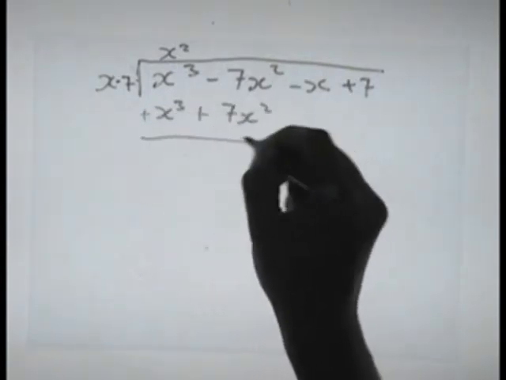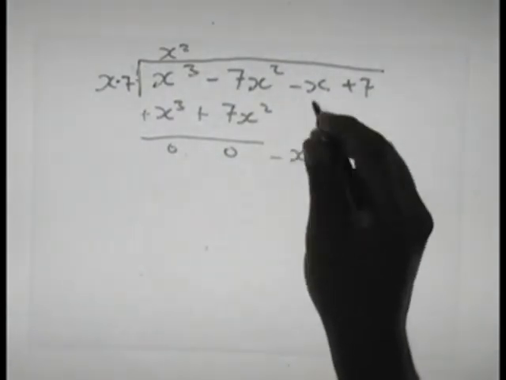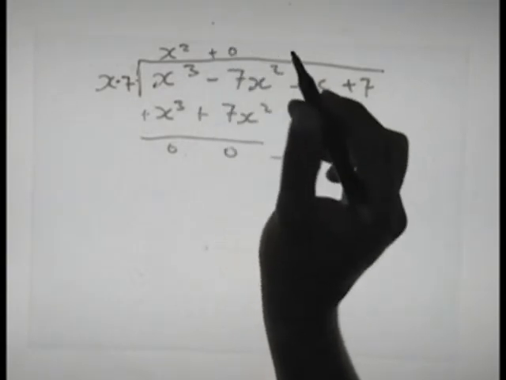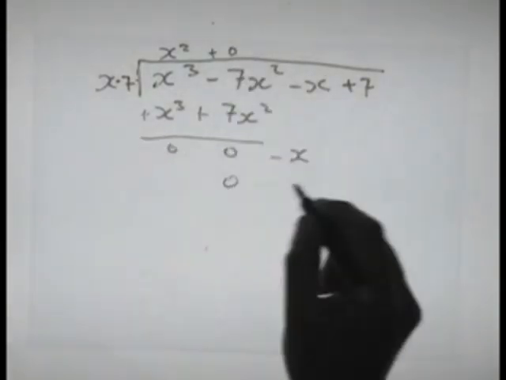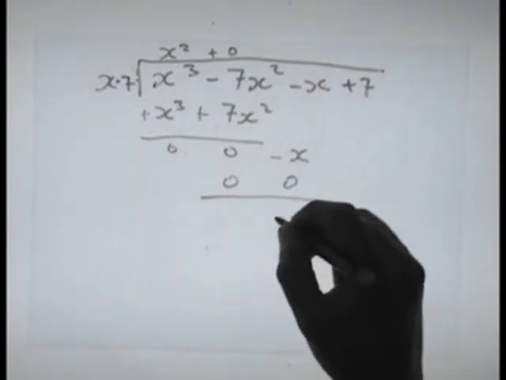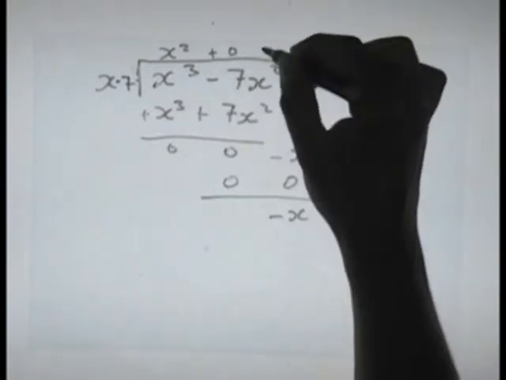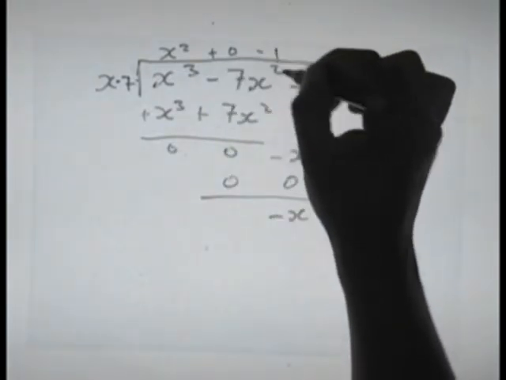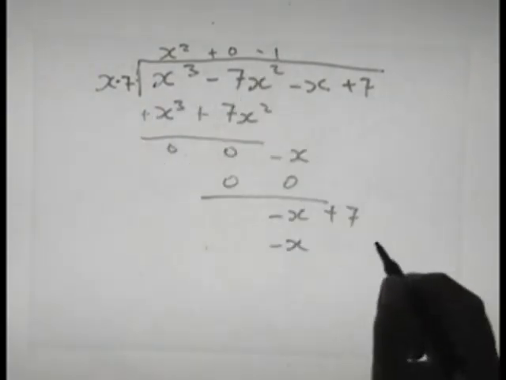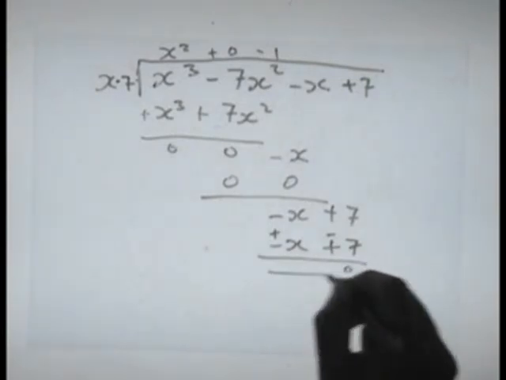Change the signs, that works out to 0, that works out to 0, doesn't matter, bring the negative x down. 0 divided by x is 0, don't need to change any signs. Negative x, bring the positive 7 down, negative x divided by x is equal to negative 1. Negative 1 times x is negative x. Negative 1 times negative 7 is positive 7. Change the signs, that should work out to 0.